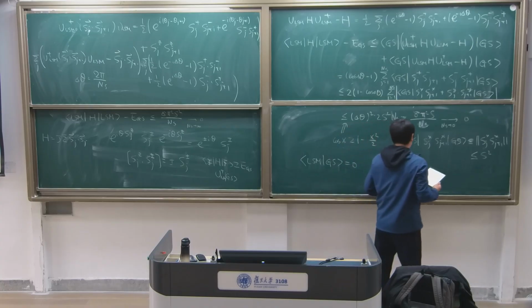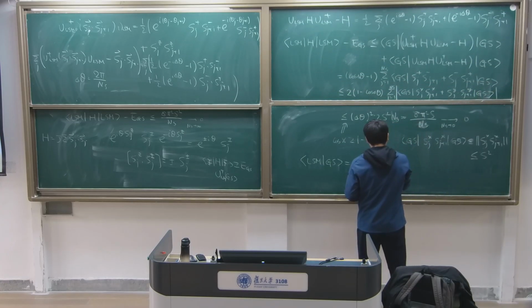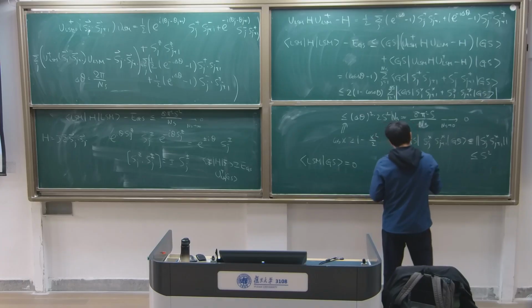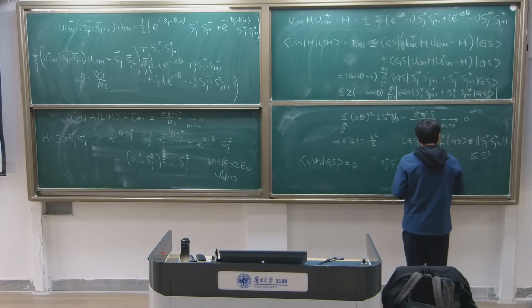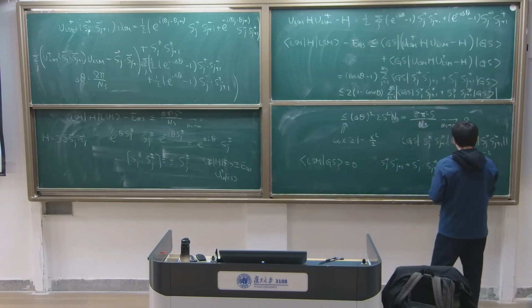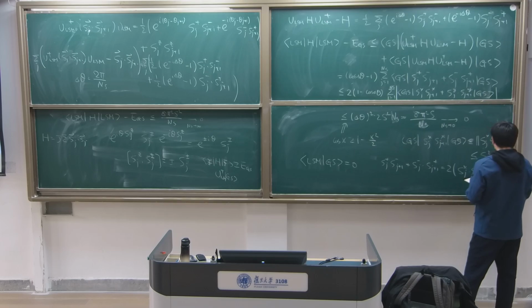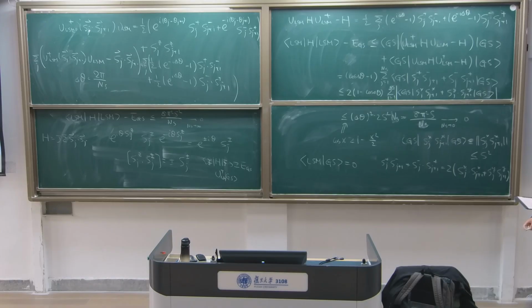What's really happening is that S plus J, S minus J plus 1, plus S minus J, S plus J plus 1, is equal to 2 times Sx_j Sx_{j+1} plus Sy_j Sy_{j+1}. Okay, that's the case.